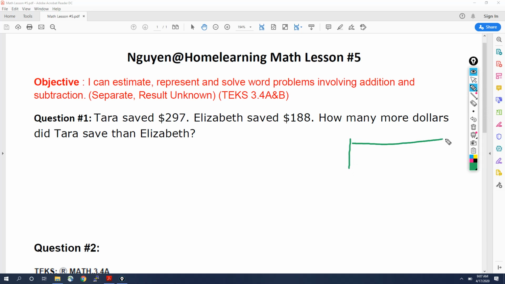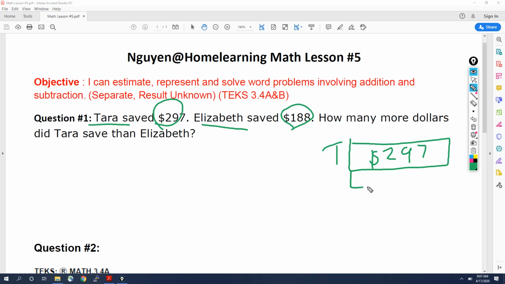So the first diagram will represent Miss Tara. Tara has a total of 297, right? So we have to draw another bar to represent the amount that Elizabeth has, 188. Is 188 longer than 297 or shorter? Definitely shorter.